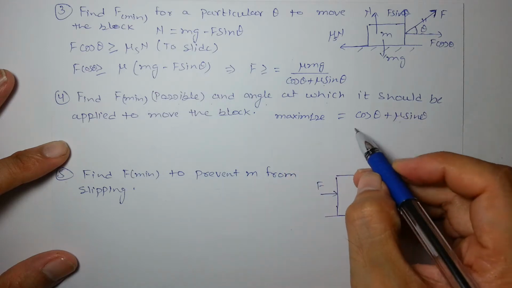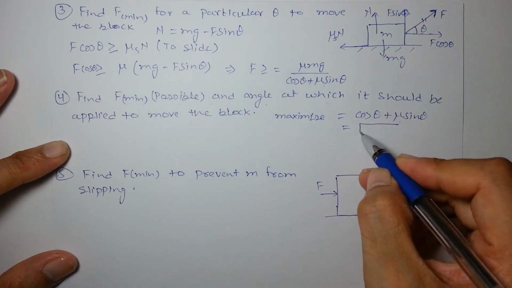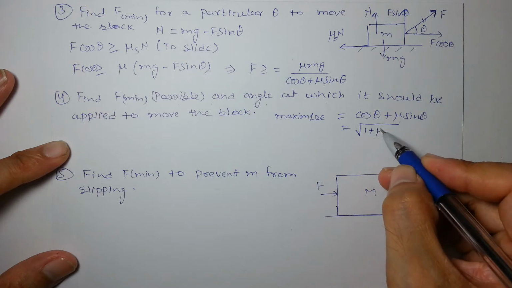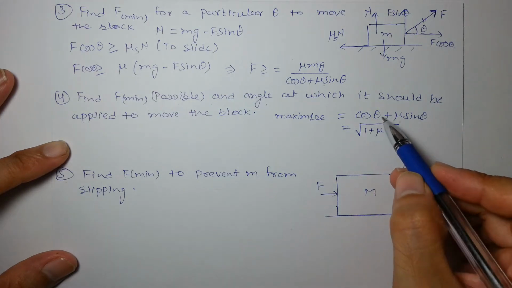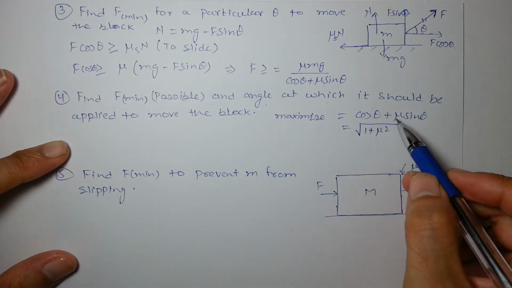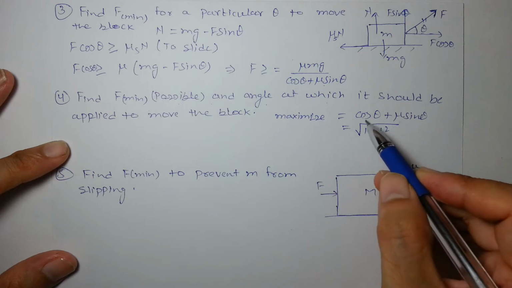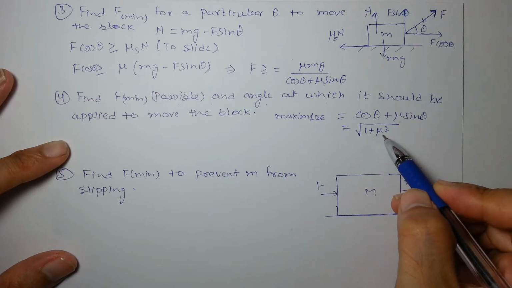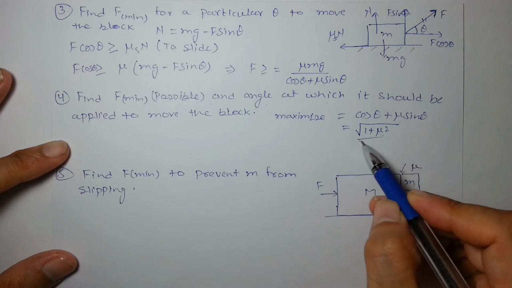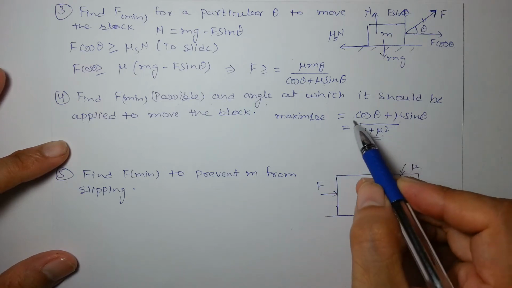The maximum value of cos theta plus mu sin theta is root of 1 plus mu square, from the coefficient of cos theta as 1 square and the coefficient of sin theta as mu square. This is the maximum value of this function.